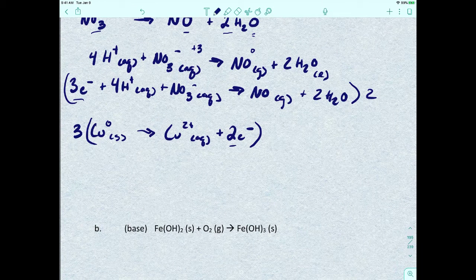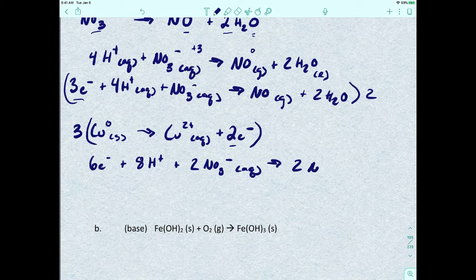So let's do that. I'm going to rewrite the 2 half reactions and then add them up and see what we've got. So 2 times 3 electrons gives us 6 electrons, plus 2 times 4, which gives us 8H plus, plus 2 NO3 minus, yields 2 NO gaseous plus 4 H2O liquid.